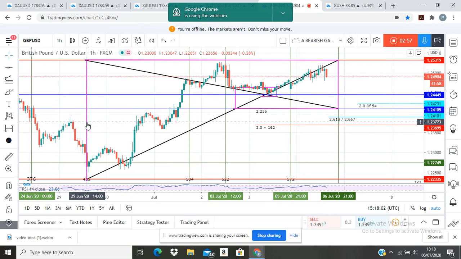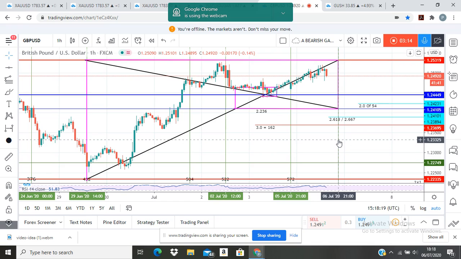So it started on this low here, this double bottom we had here, that is the origin of the spiral. It started on the 29th June, the 2 p.m. GMT candle, and it's ending on the 6th July, which is today, the 9 p.m. GMT candle. The spiral is ending.